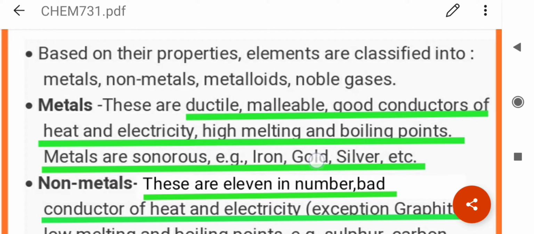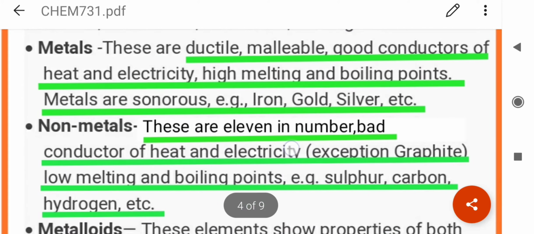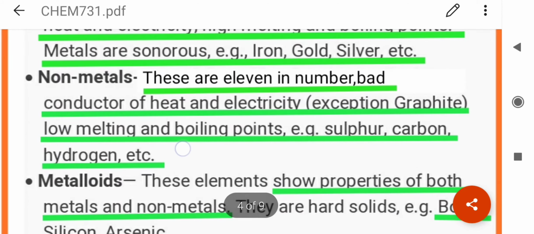Example, iron, gold, silver. Non-metals, they are only 11 in number. They are non-ductile, non-malleable, just the opposite of metals. Bad conductors of heat and electricity, graphite is an exception, with low melting and boiling points.